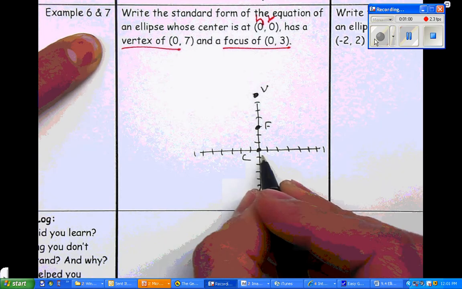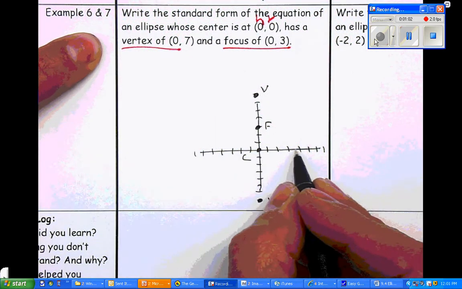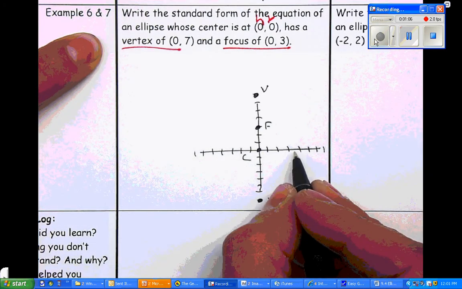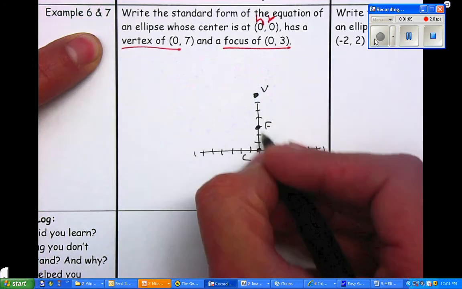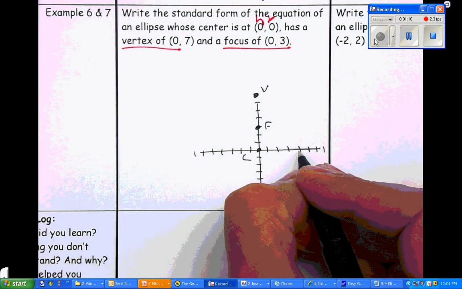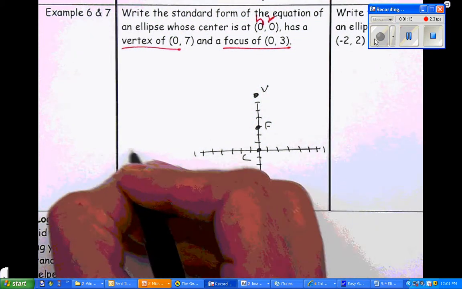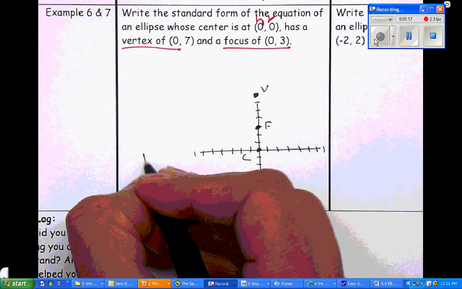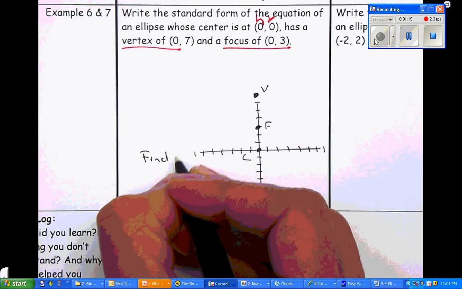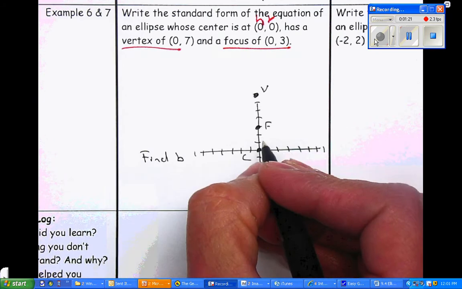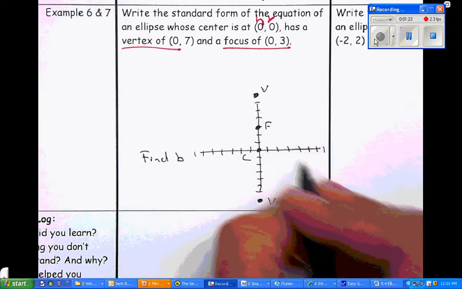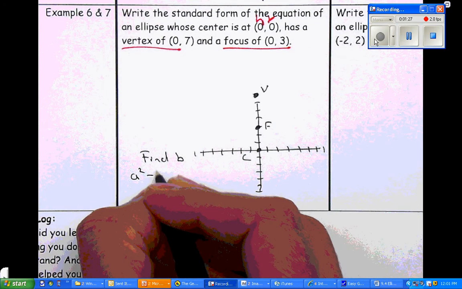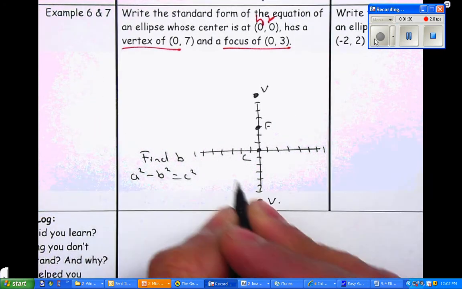Now, we need to be able to find the co-vertex to be able to place this under the x. Because we don't have the information, we have to use the formula to find b. So in this case, we know the formula is a squared minus b squared is equal to c squared.